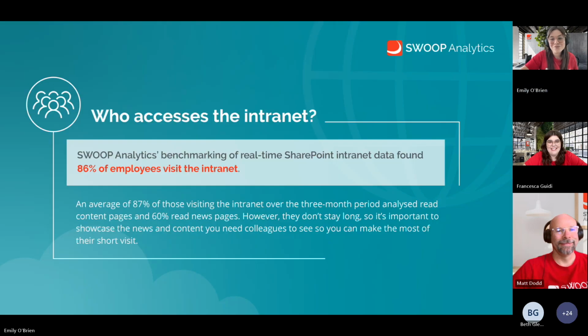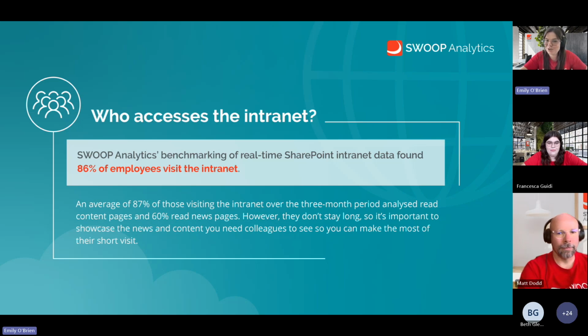So the first insight that we're going to talk to is about who accesses the intranet. And for anyone who just needs to quickly get up to speed on the 2024 intranet benchmarking, I know there's quite a few of you here who would be quite familiar with the insights. For some of you, this might be new. The insights that we're looking at here were from a 3-month period. And one of the things that we found as a part of that study that we ran last year is that on average, 86% of employees were visiting the intranet.